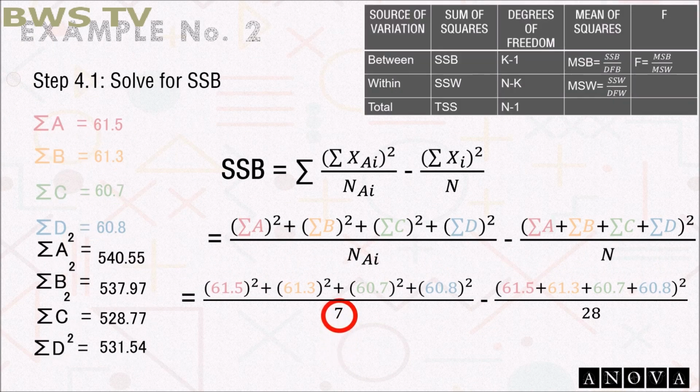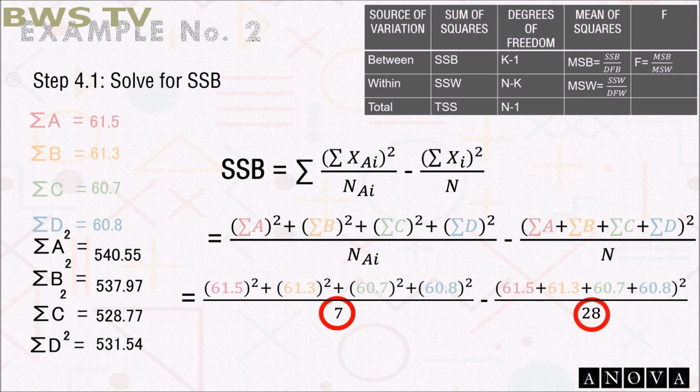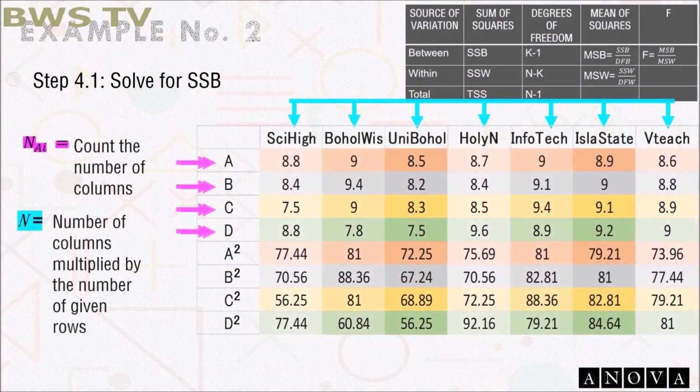Now you might wonder how we got the number 7 and the number 28 in the formula. So to get n sub ai, we have to count the number of columns instead of the number of rows. So number of columns, we have 1, 2, 3, 4, 5, 6, 7.